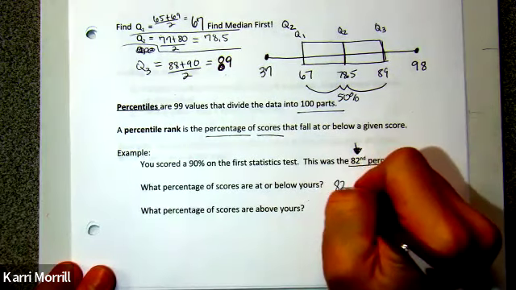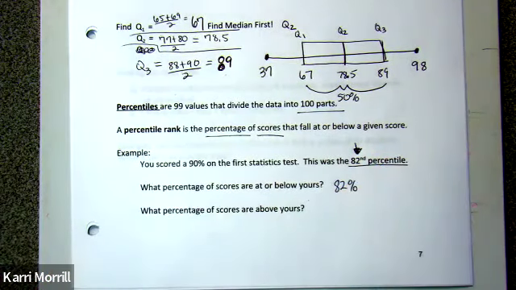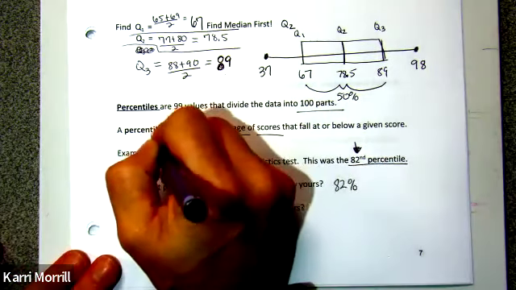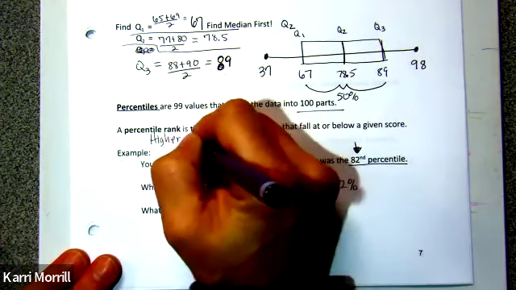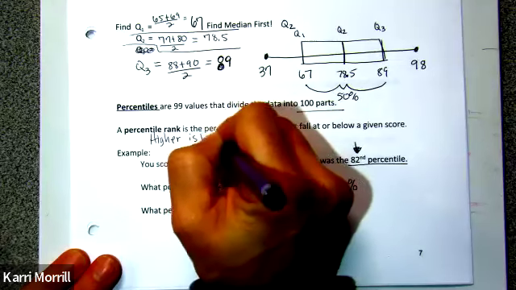So basically only like 18% scored higher than you in this case. Okay. So a lot of times higher is better when we talk about percentile rank. That's a good thing to think. Higher is better when we talk about percentile rank.